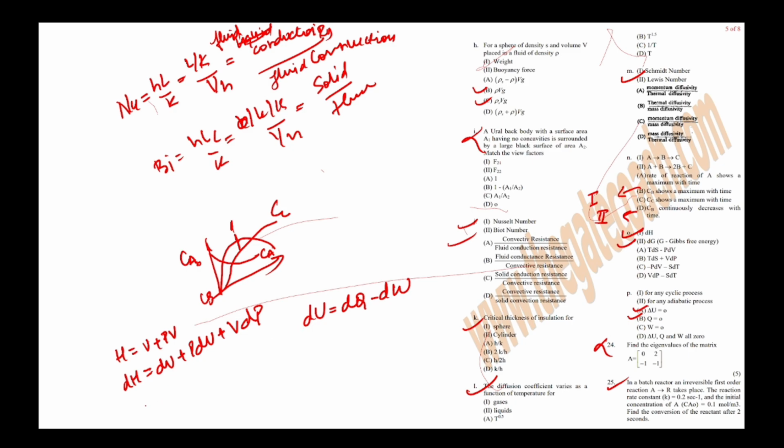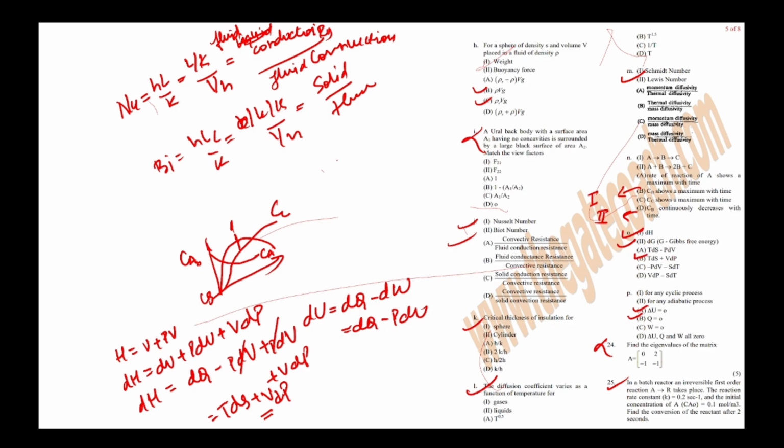If I substitute this, dH is equal to dQ minus P dV plus P dV plus V dP, so this will cancel out. dQ is T dS, so dH is T dS plus V dP.